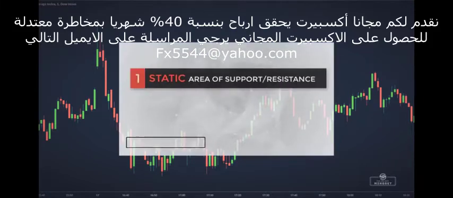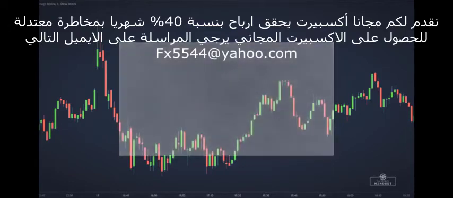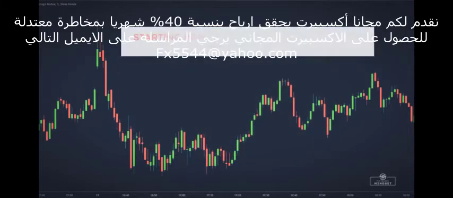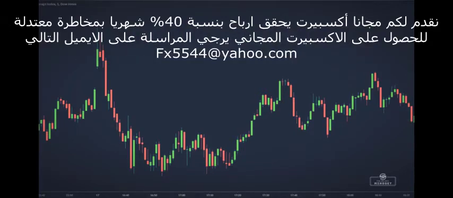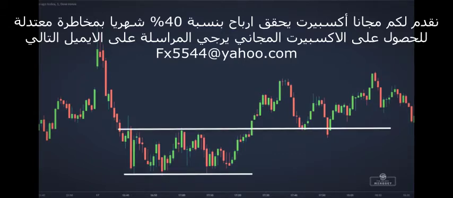First, we need an obvious area of support or resistance. Support and resistance is practically the foundation of technical analysis, and these levels serve as a starting point for developing an idea of what may happen next in what concerns the price movement. So we first look at recent market swings and try to spot areas of static support or resistance.